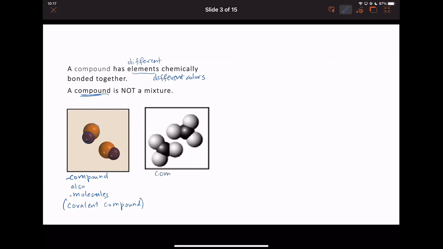This is a compound as well, this other box. Why? Because they're different elements. And you know that because they're different colors. You've got the white atoms and you've got the black atoms. They're also smushed together. So they also can be defined as molecules. Okay, and so that also would be a covalent compound. And a covalent compound, in a quick reminder from last week, is when you have two non-metals bonded together.